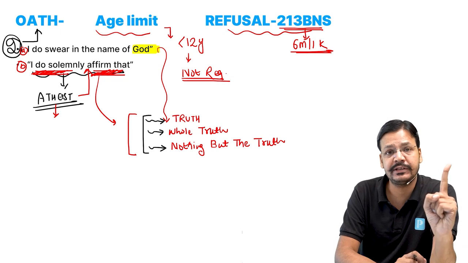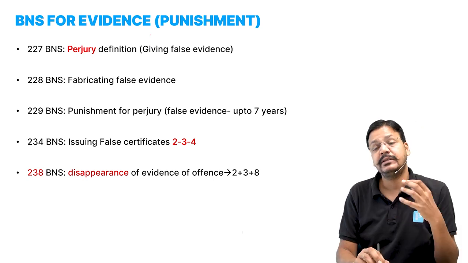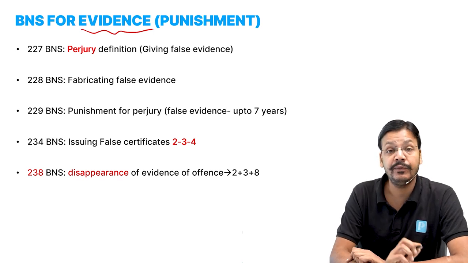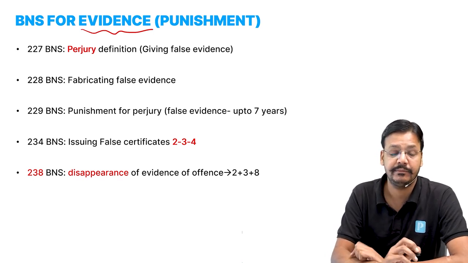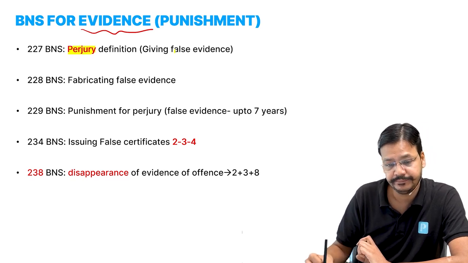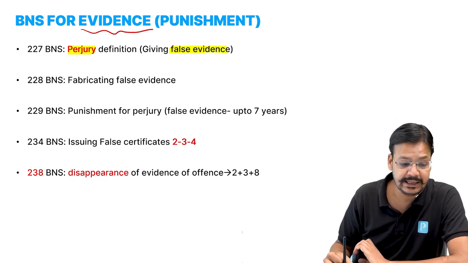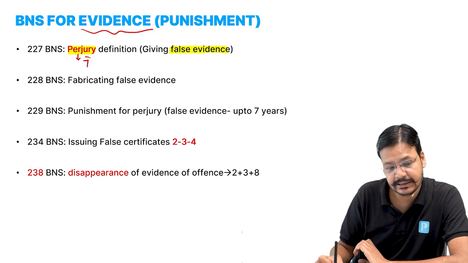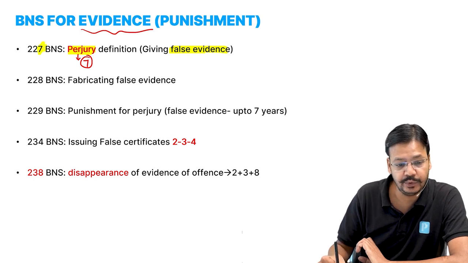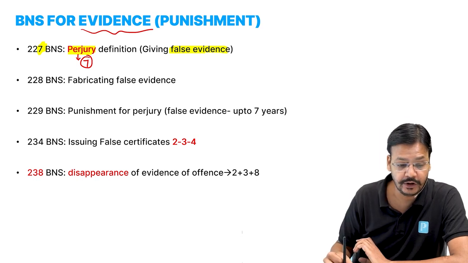So the first part was summons, the second is oath, but now I am coming to the most important. Even after taking the oath, if you give false evidence, my dear friend, this false evidence is known as perjury. As you can see, perjury has 7 letters. Perjury is defined in 227 BNS.